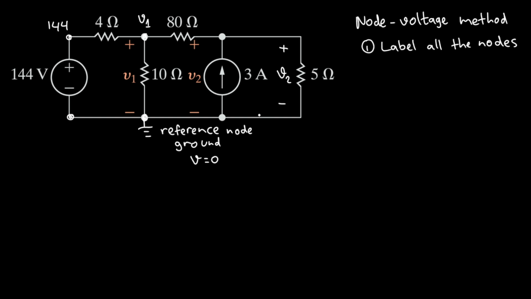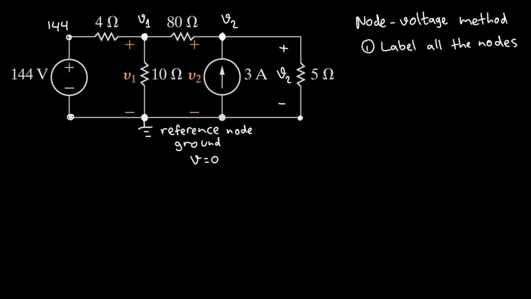So here we also have V2, but then again using the same logic, because this terminal here is 0, here we have to have the value of V2, right? So we will have V2 here.